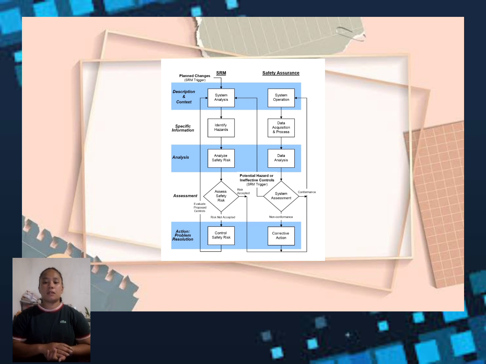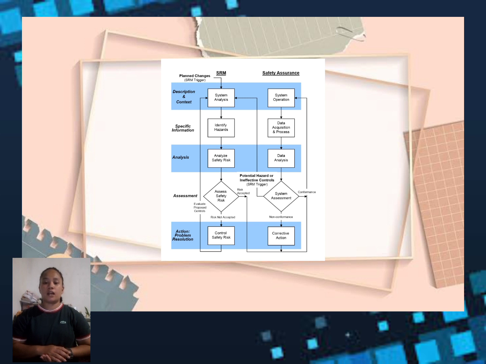The system assessment box on the safety assurance side is connected to system analysis on the SRM side to show that potential hazards or ineffective controls go through the SRM process. The assess safety risk and system assessment boxes are connected to system operation at the top of safety assurance to show that the risk accepted and conformances are monitored through routine safety assurance.